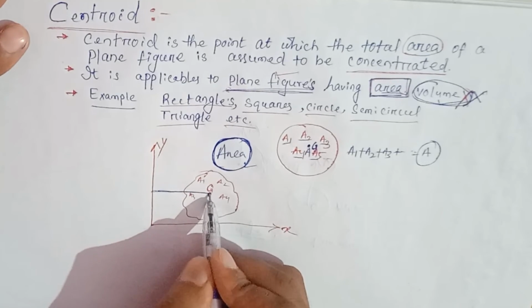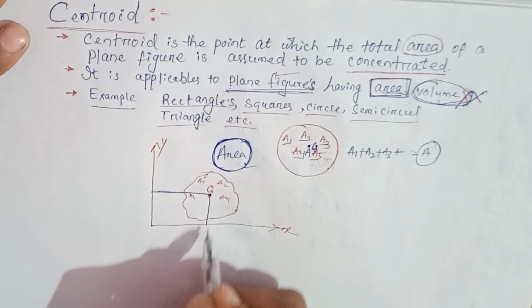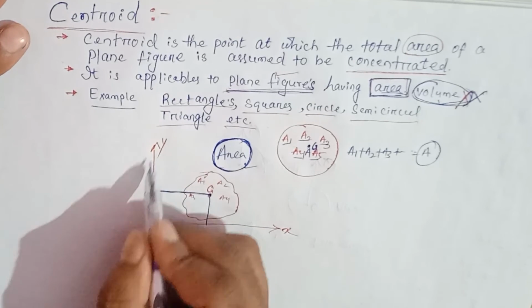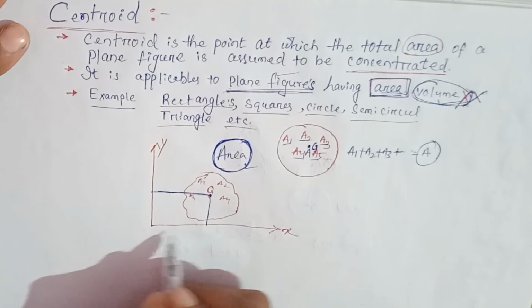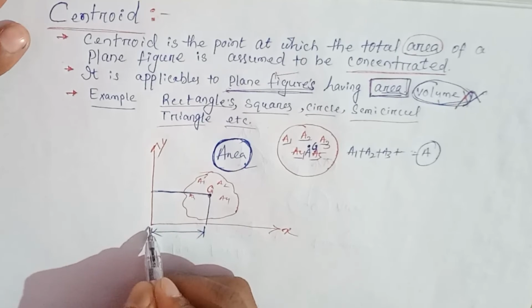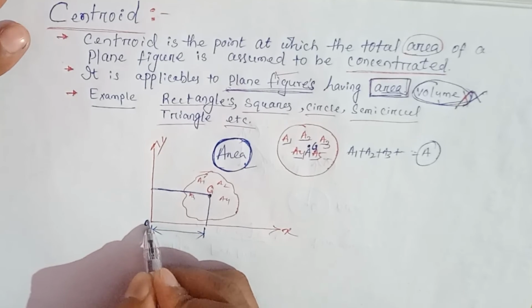Okay, so from the centroid point you should draw a perpendicular line towards the x-axis, and you should draw a perpendicular line towards the y-axis. Then this distance from O to the centroid G you should name it.